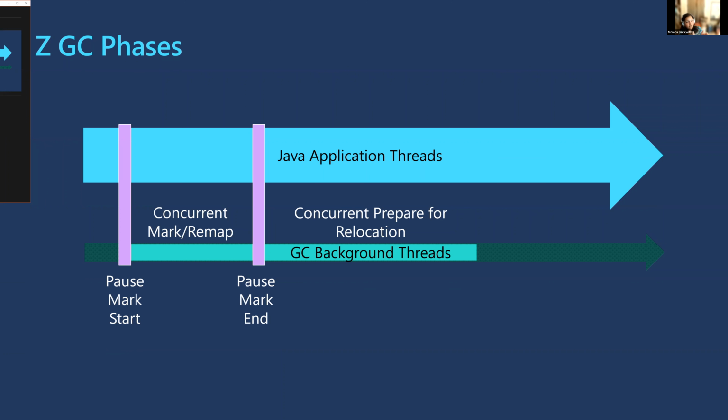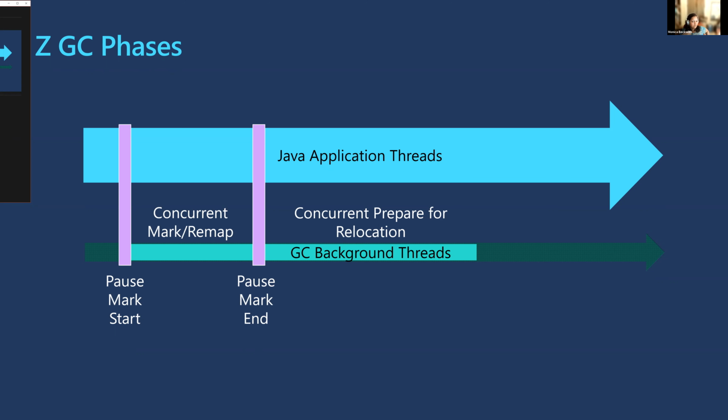It's concurrent. So basically, what ZGC is doing right now is all the preparation that you had to do before the mixed collection, where you do the liveness accounting and all the fun stuff. That's done in concurrent prepare for relocation.